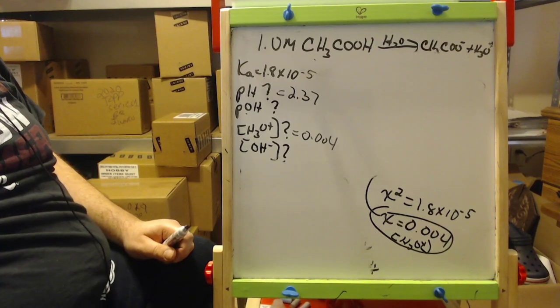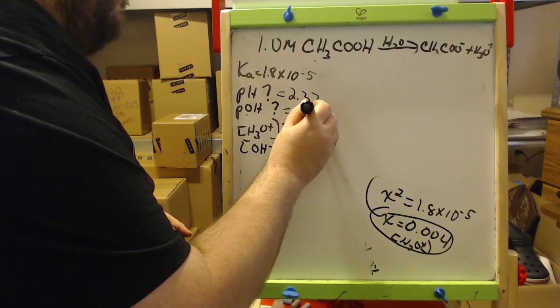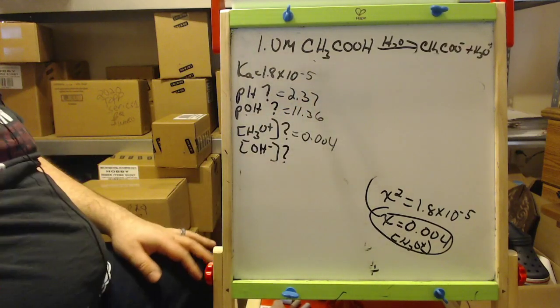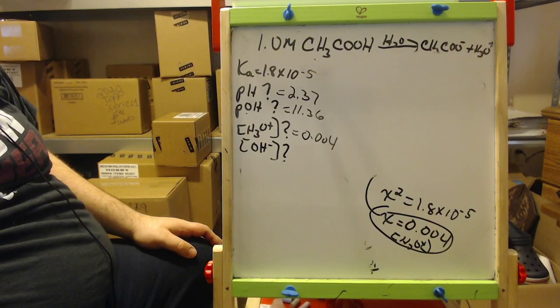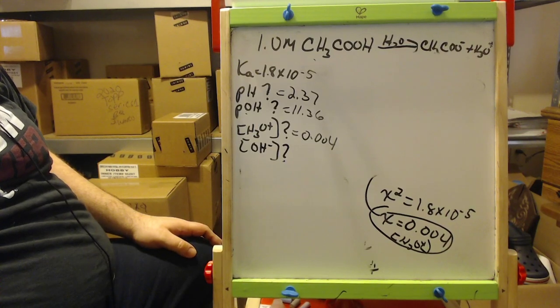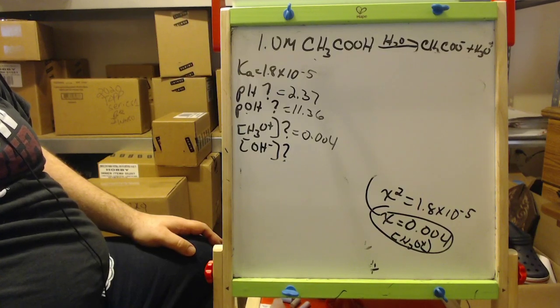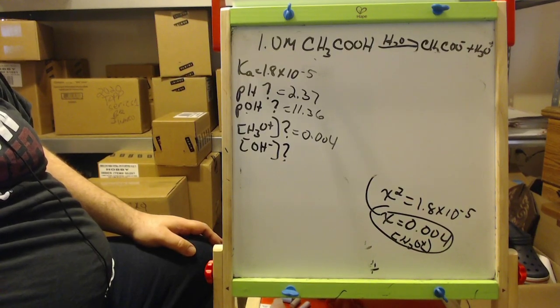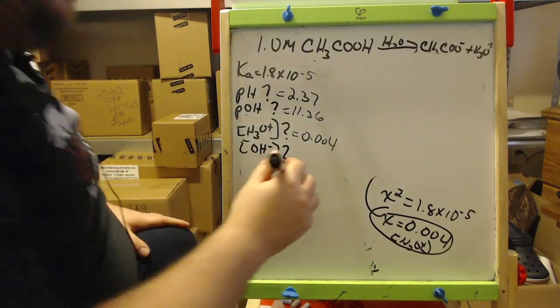The pOH will be 14 minus that number, which will be 11.36. And then 10 to the negative 11.36 should give us the OH minus, 4.37 times 10 to the negative 12th.